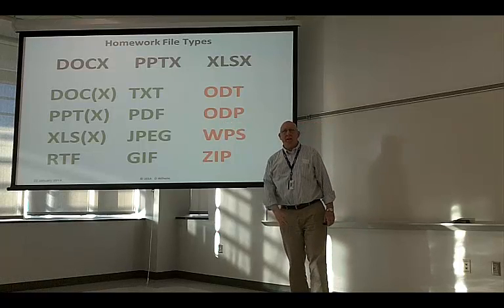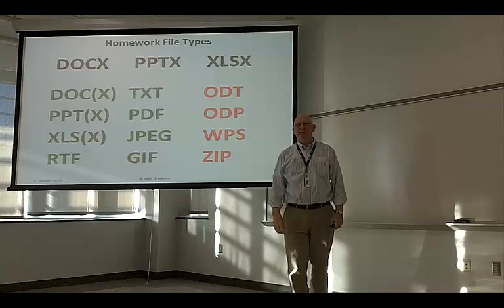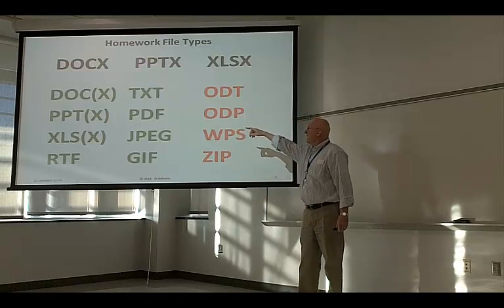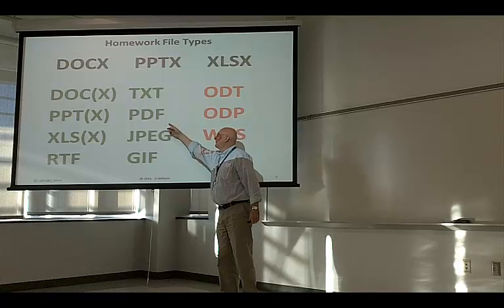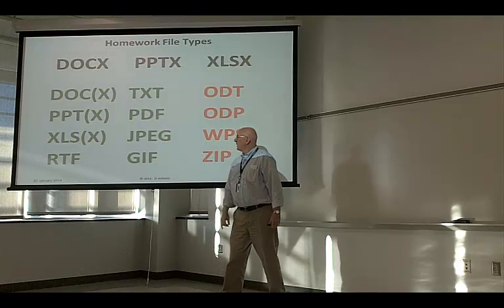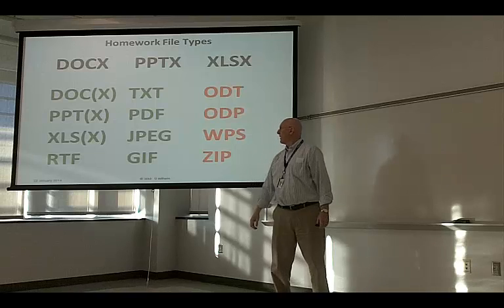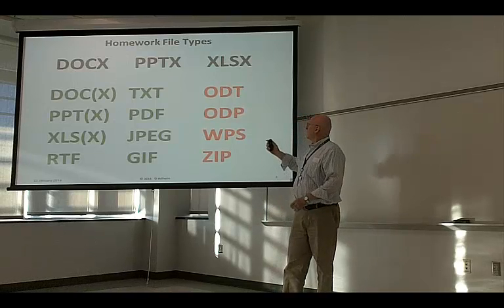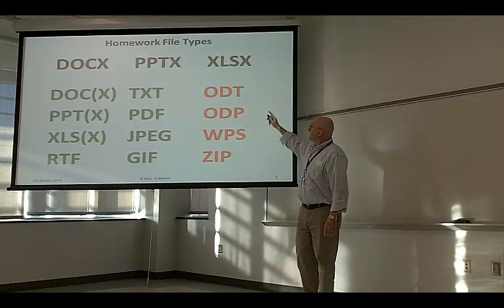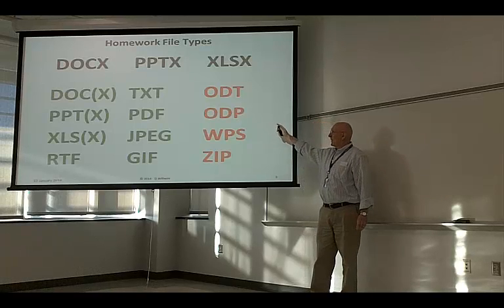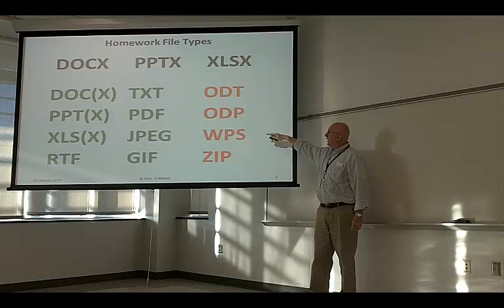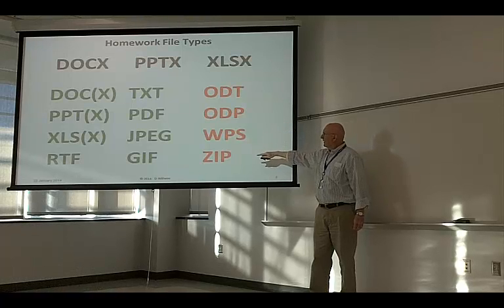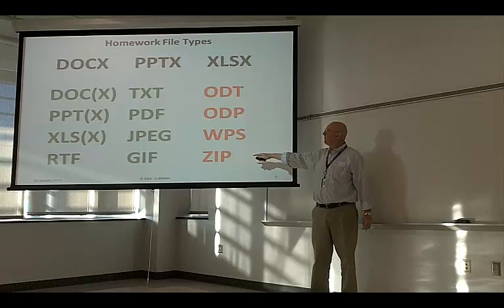TXT, plain text format, pretty plain, but I can read it. PDF, forget what that stands for. JPEG and GIF, which are really image formats. File types I cannot read are ODT, ODP, WPS, and please also don't zip the files.